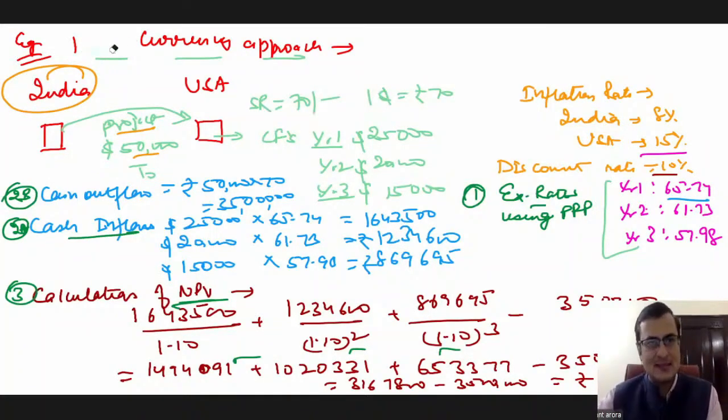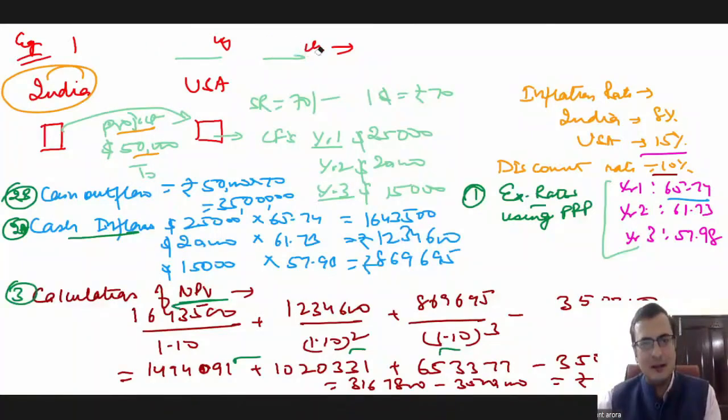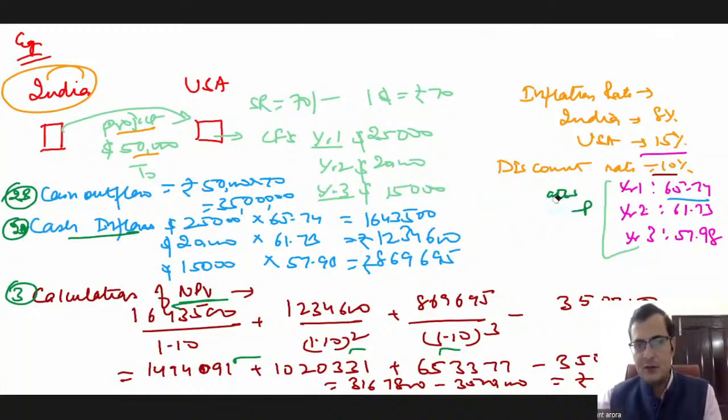Let me erase this. I can use the same data, honestly. Inflation rates are the same, and cash inflow, outflow. Now, this is not required. Step number 1 is not required now.